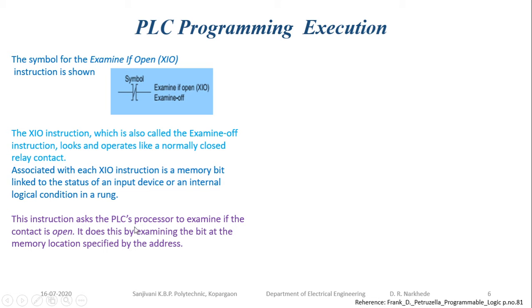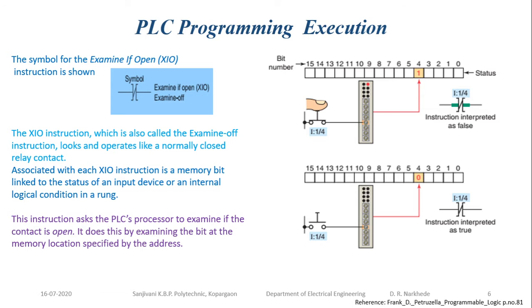And how will it perform this task? It performs the task by checking the memory location of the input to which the device is connected. Say this is my input image table, and this is my input module, with I0, I1, I2, I3 and I4. To I4 I have connected one NC switch.